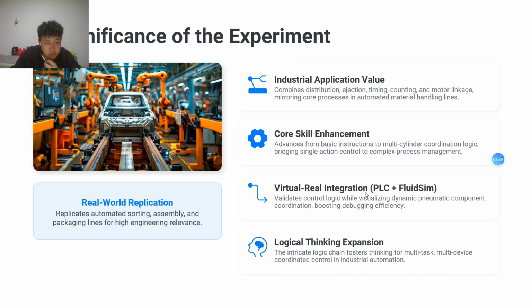Okay, so the second part, significance of the experiment. Industrial application value: compliance distribution, ejection timing counting, and motor linkage, modeling core process in automated material handling lines.